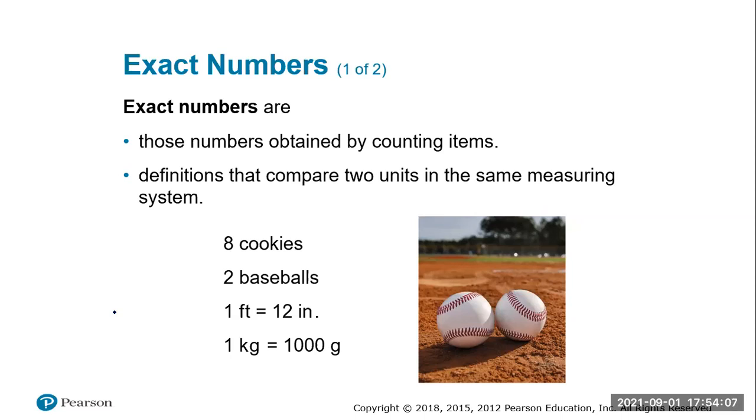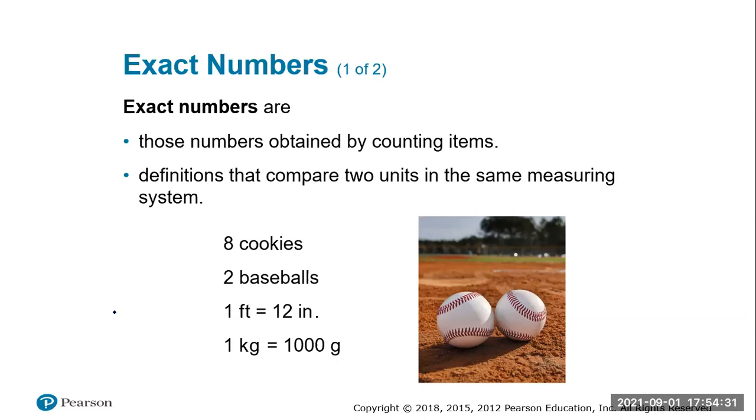One is something that you would just count. For example, if you had a basket of apples sitting on the table, you wouldn't do some weird science experiment to figure out how many apples are in it. You would simply count and say, I got 8 apples, or however many are there.